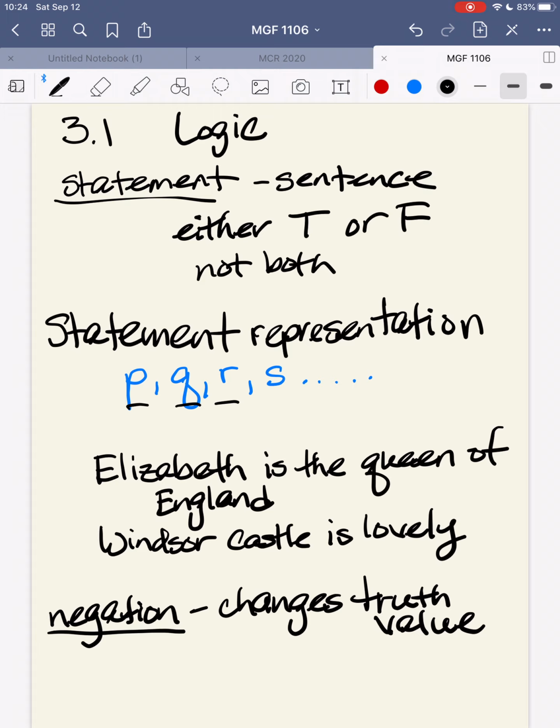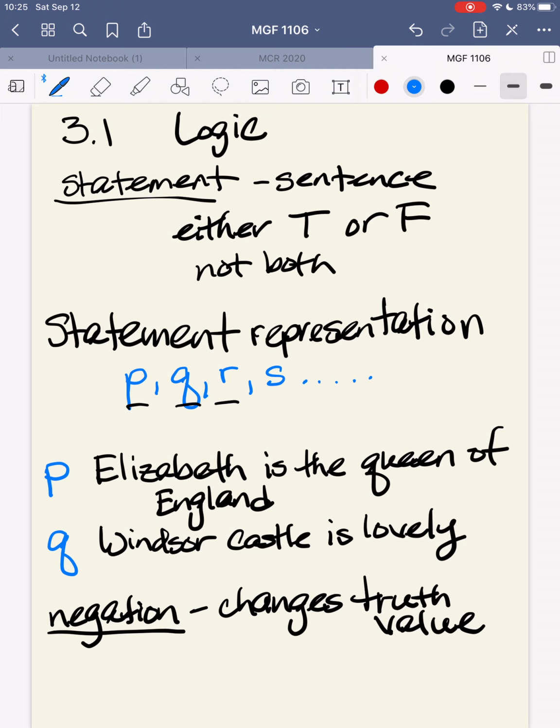If we wanted to represent two statements symbolically: Elizabeth is the Queen of England comes first, so I'm going to call that my p. The next statement, Windsor Castle is lovely, I'm going to call my q. And if I had a third statement, that would be my r, etc.